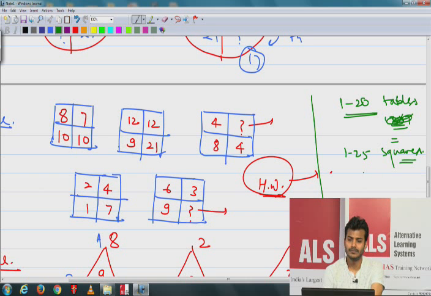Maybe up to 15 you all must be aware of already, and what you have to remember is just 10 more numbers. Maybe some of you are already aware of 1 to 25 squares, and on the same note you have to remember 1 to 10 cubes. Please do all this.